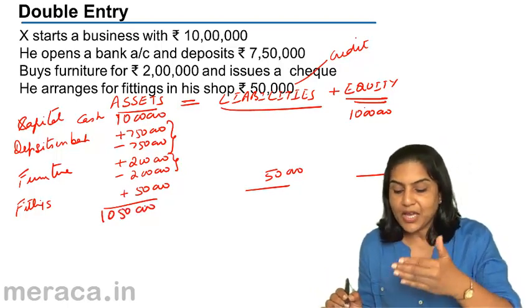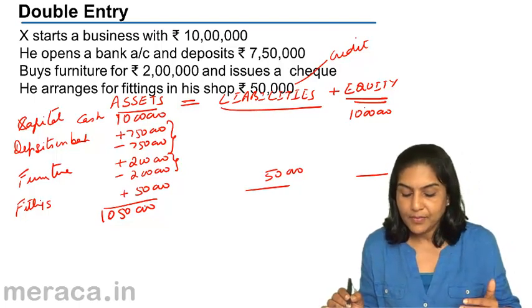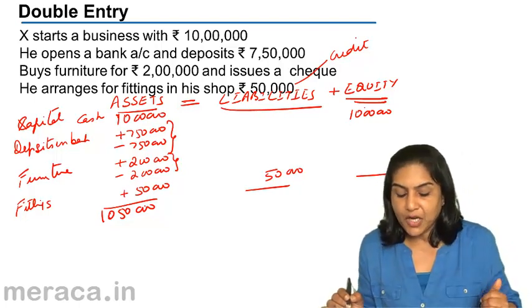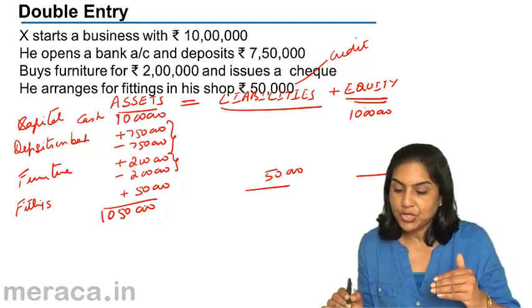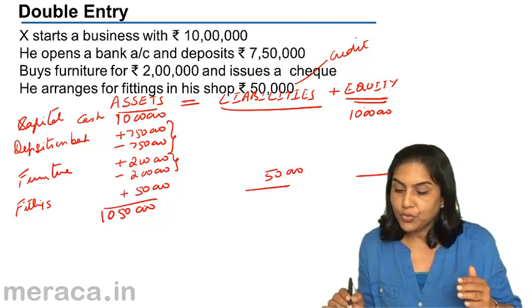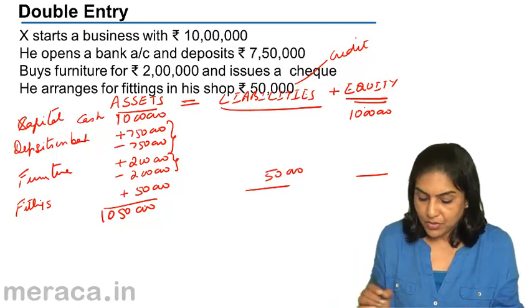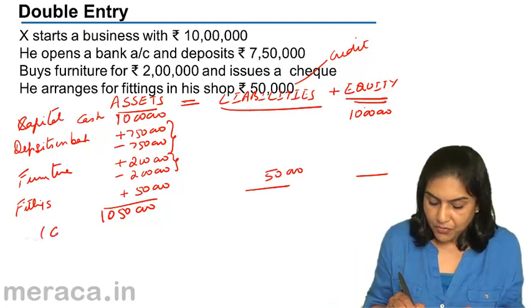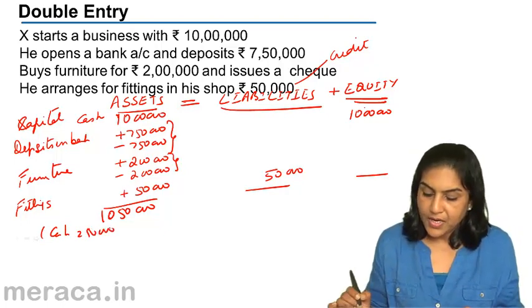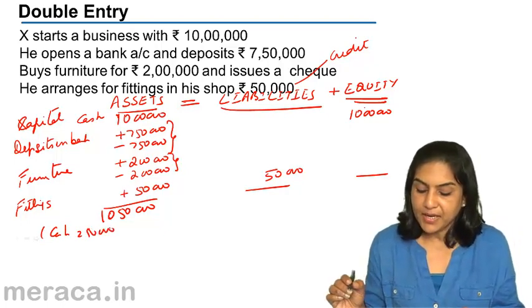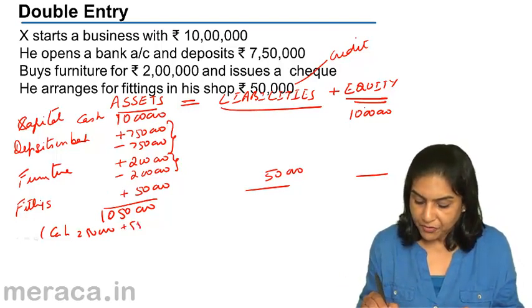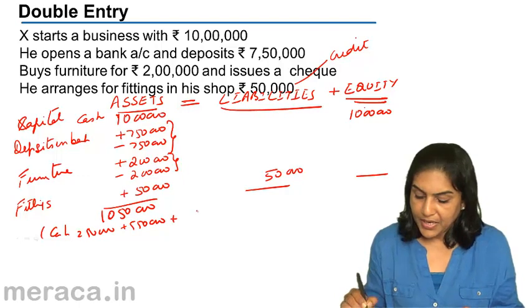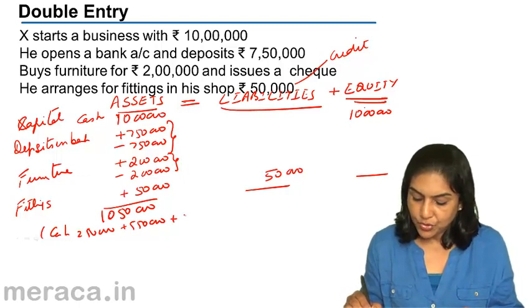We started with cash of 10 lakh, but 7 lakh 50,000 was paid into the bank. So we have a cash of only 2 lakh 50,000, balance in bank 7 lakh 50 minus 2 lakh, which is 5 lakh 50, plus furniture of 2 lakh.